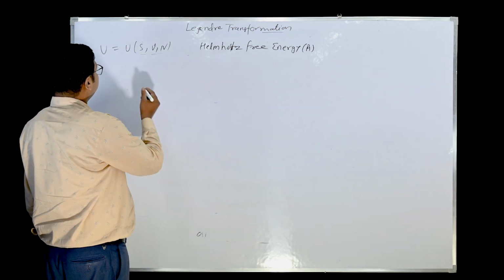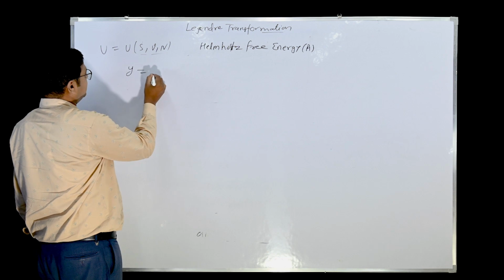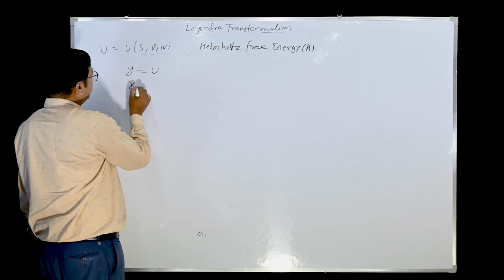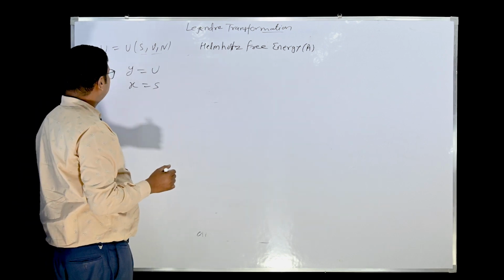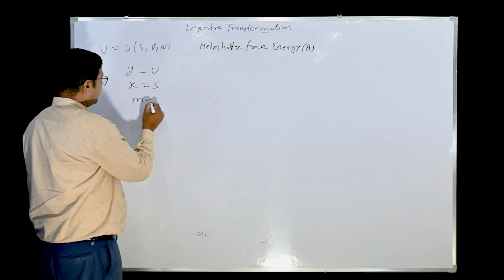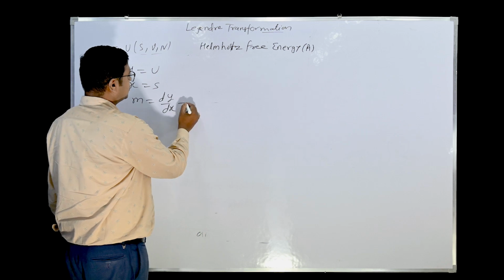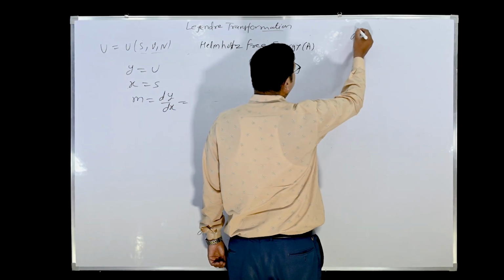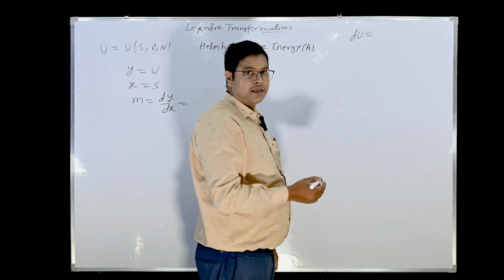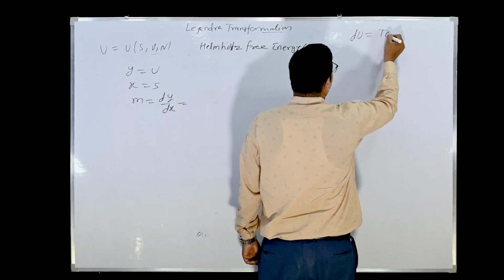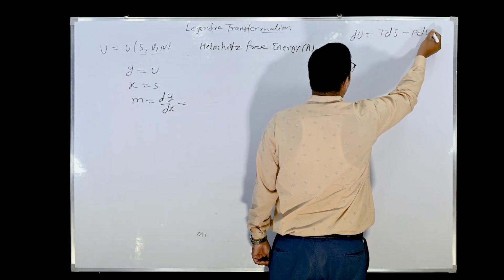So once again, here y is our u and x is s, and what will be m, dy by dx? We will use our reference equation for internal energy, that is du is equal to tds minus pdv.